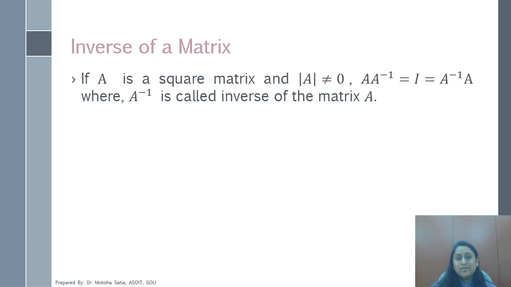If A is a square matrix and the determinant of A is non-zero, and if A into A inverse is equal to I, then A inverse is called the inverse of matrix A. That means if I have a matrix A and its inverse A inverse, meaning A raised to minus 1, and I multiply both of them and get the identity, then I have the inverse of the matrix, which is A raised to minus 1.